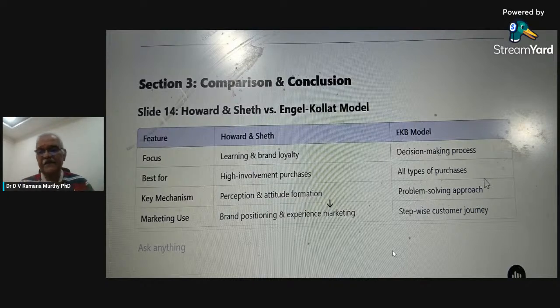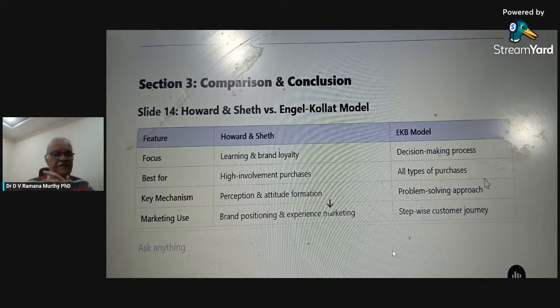But in the case of the EKB model, they talk about a problem solving approach, because the consumers will have a lot of confusion in their mind about buying this product or that product. So they will suggest creative advertisement, comparative advertising, where they suggest a product. So they help solve the problem with the consumer.